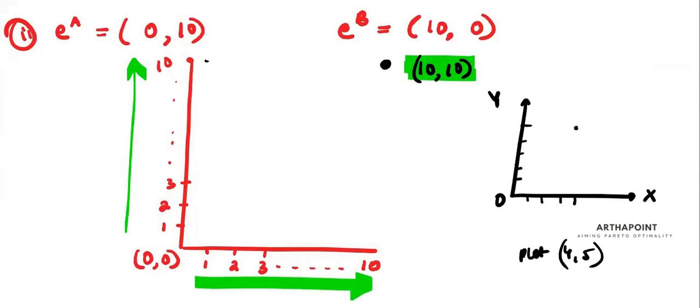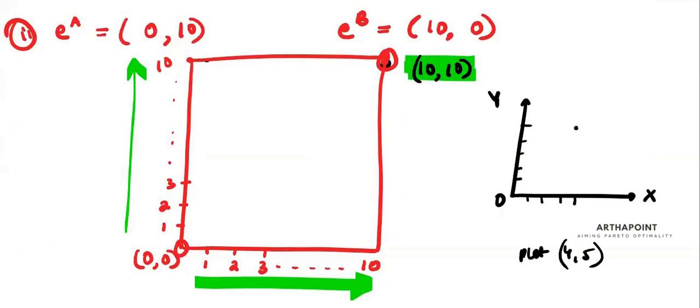Now, that is what I had actually joined to build my Edgeworth box. So here I don't have any amount of both goods. Here I have maximum amount of both the goods. This is 10 units of good 1 and 0 units of good 2, which is nothing but the endowment of individual B.